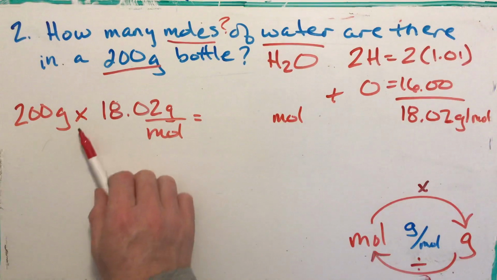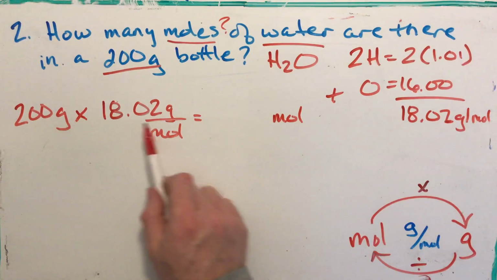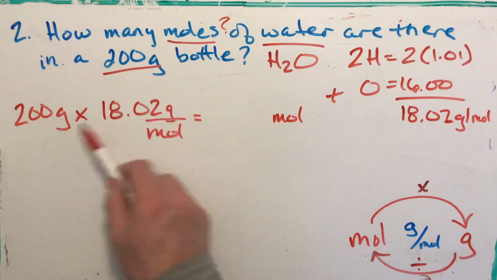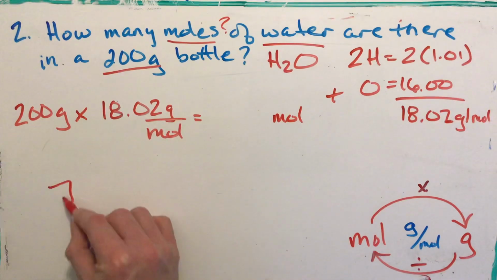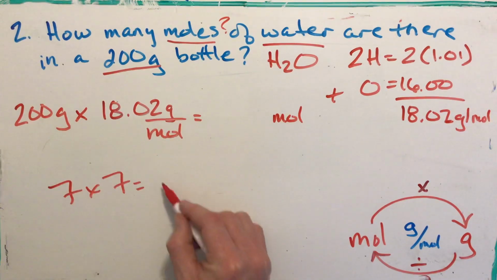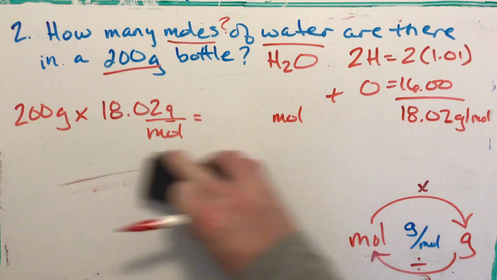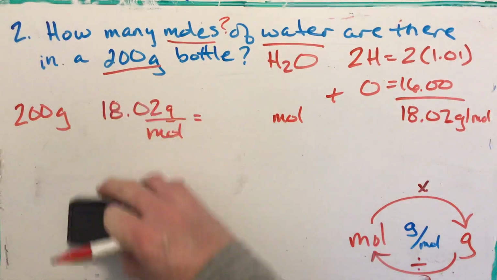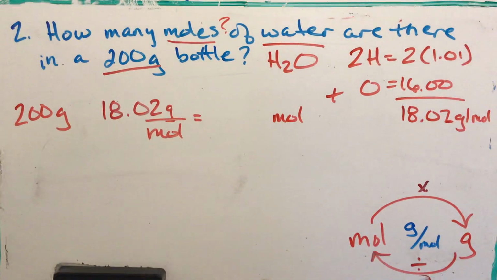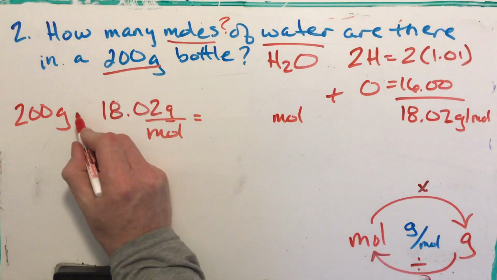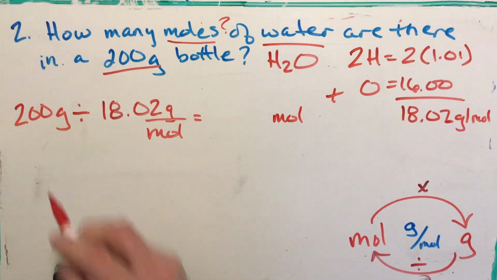But let's say I panic about multiply. Think about this, grams times grams. That's not canceling it, that would be grams squared. The same way if we had a number 7 times 7, well that's 7 squared. It doesn't get rid of the 7, actually it makes it bigger. So it can't be multiply, right? Grams times grams would square it. Grams squared seems weird. So I know that can't be it. It's got to be divide.